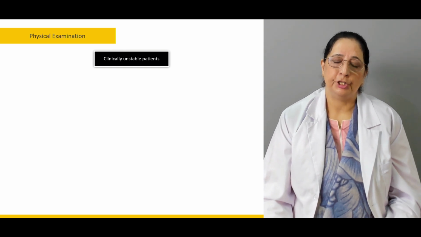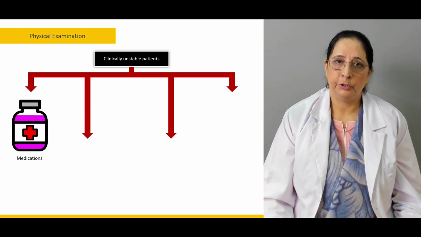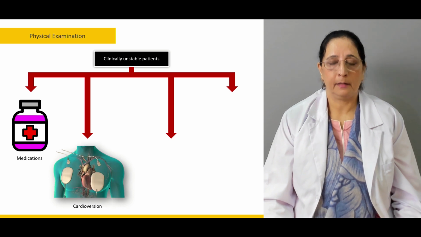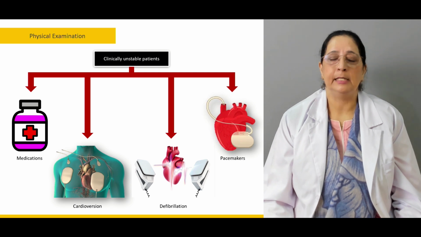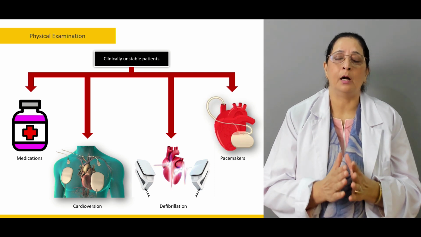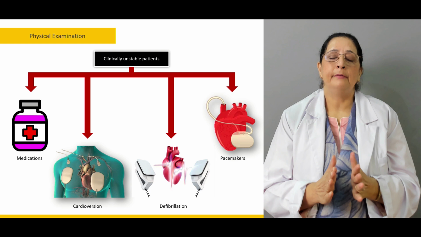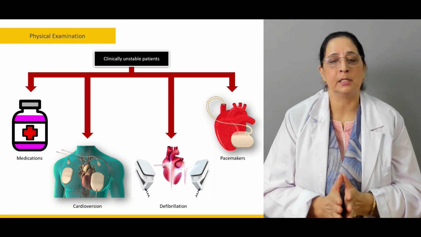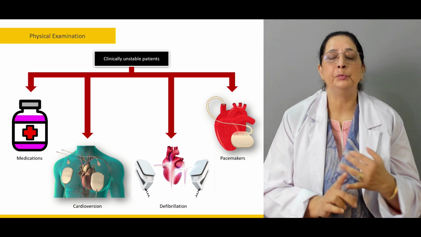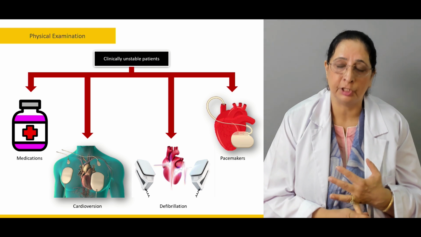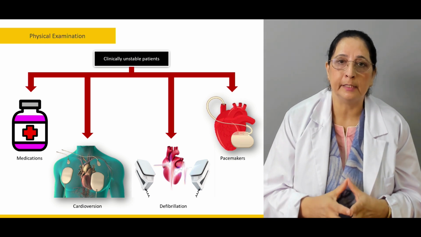Clinically unstable patients who are not stable clinically, we should go for medications, cardioversion, defibrillation, and also the pacemaker. So patients who are unstable clinically, after we do the examination, we find that the patient is not stable, they have a problem. We should go for the management. Management can be done by medications, which are anti-arrhythmic medications that control the rhythm of the heart.